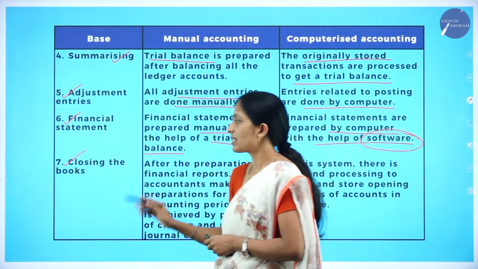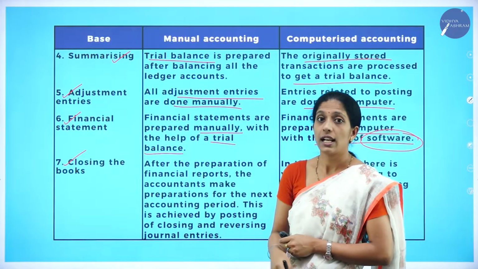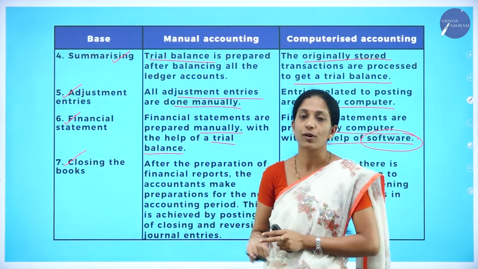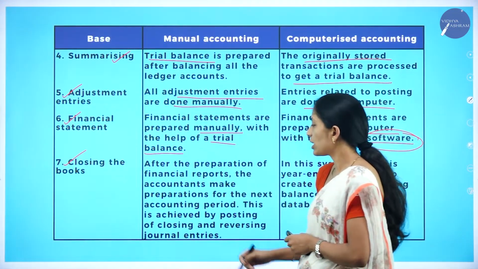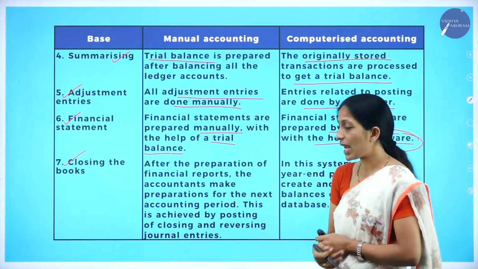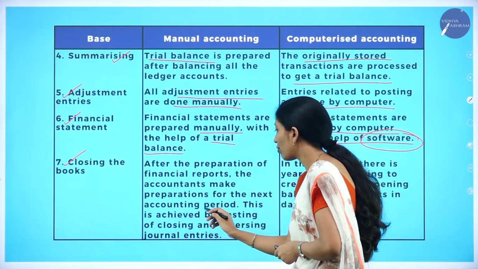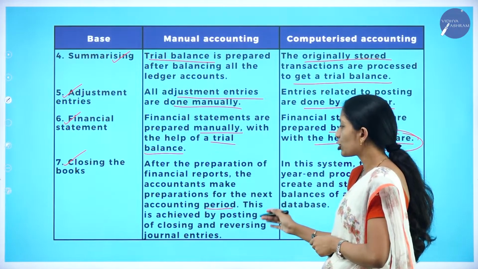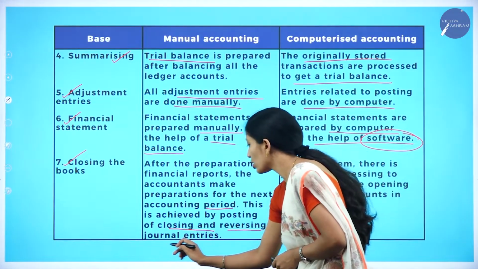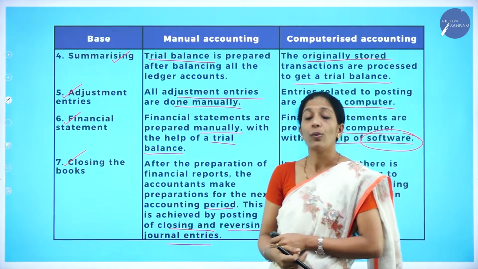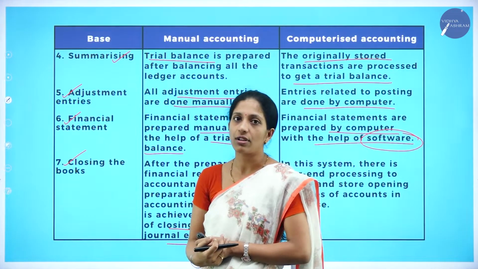Next, the seventh difference is closing the books. Let us see how we are going to close the books under both systems. After the preparation of financial reports, the accountant makes preparation for the next accounting period. This is achieved by posting the closing as well as reversing journal entries. So what will happen under the manual accounting system?